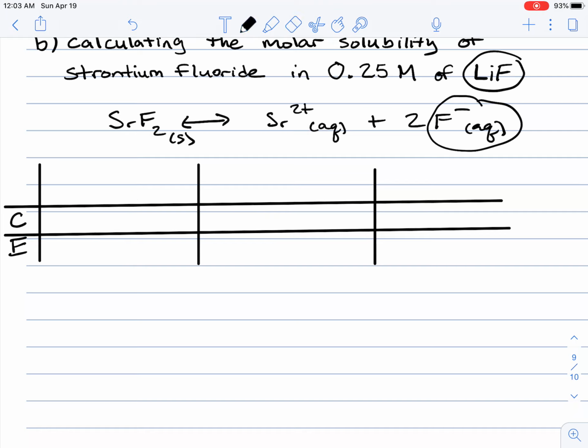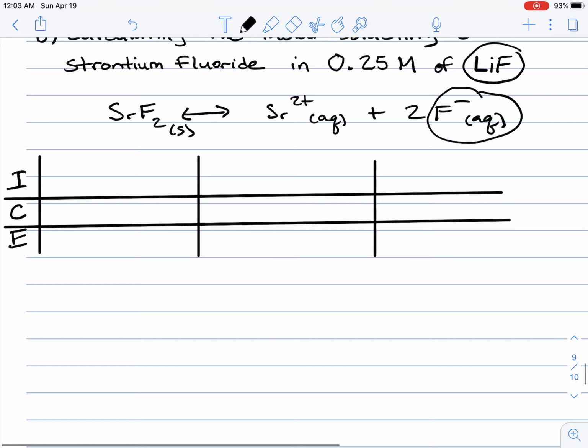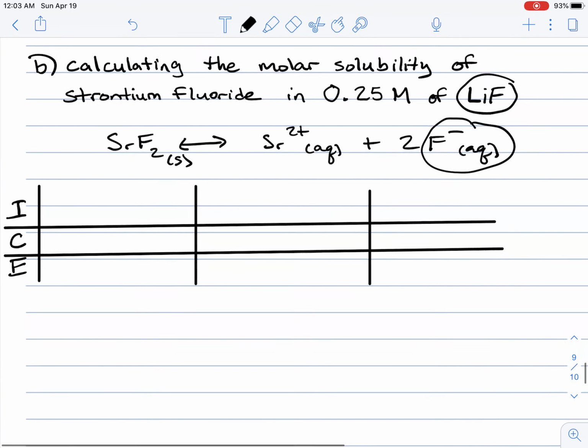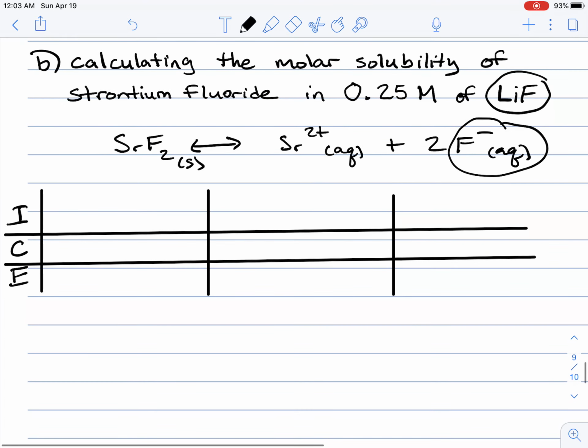Okay. So here we have our ice table to represent the progress of strontium fluoride dissociating into its ions. And so we know that some amount of strontium fluoride will be soluble.